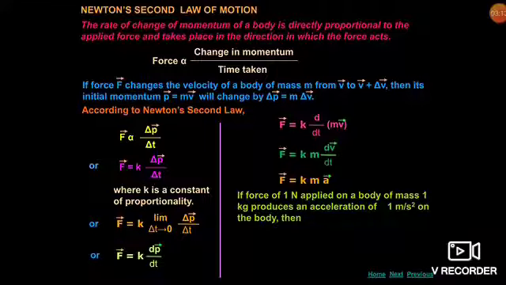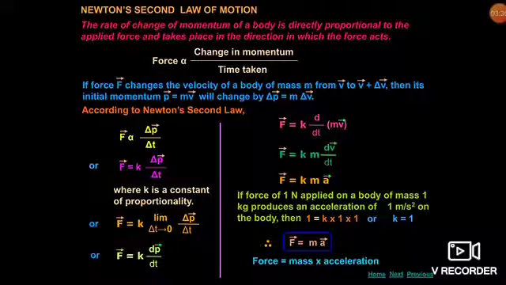If we apply 1 Newton of force on a body whose mass is 1 kg, then the acceleration produced in the body is 1 meter per second square. So if we put F as 1, m as 1, a as 1, then k will also become 1. Therefore F is equal to m into a, that is force is equal to mass into acceleration.